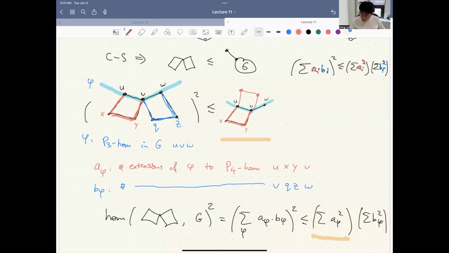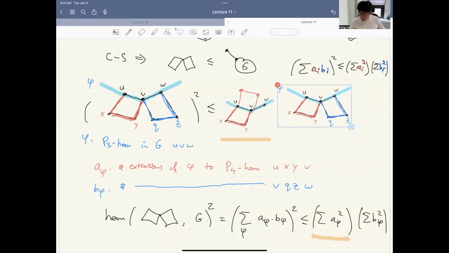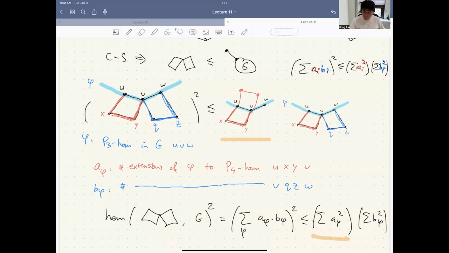And B phi squared, same, times, I don't care about the left part. Sum over all phi of B phi squared means I need to do this twice. You can make it symbolic like this.